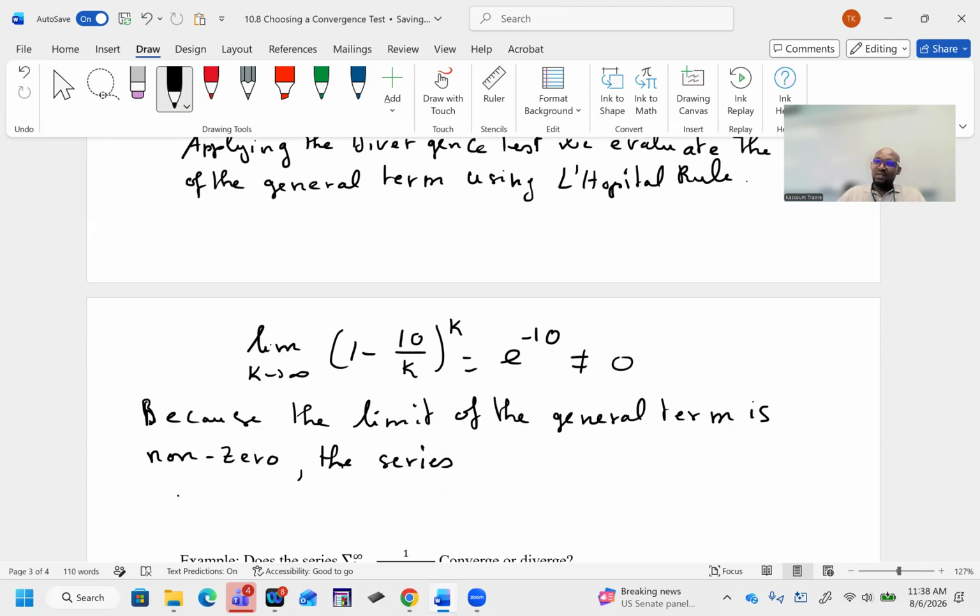It's close to 0, but not 0. So the series diverges. But it will be very slowly because it's close to 0.